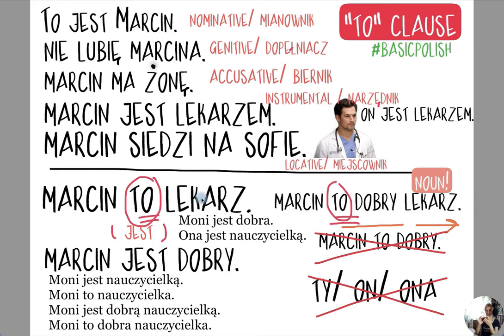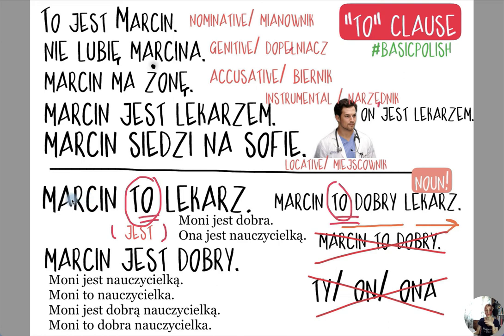It stays there. Okay? However, you cannot use the to clause with the personal pronouns. So when you replace Marcin with on, personal pronouns are he, she, it, we, you, they, these words, right? So ja, ty, on, ona, right? If you wanted to say he instead of Marcin, on, then that cancels the to clause.